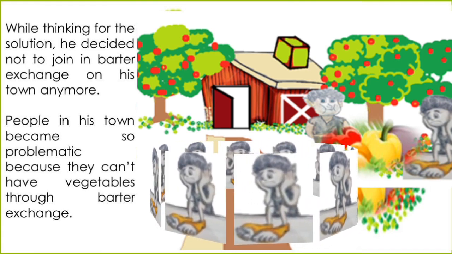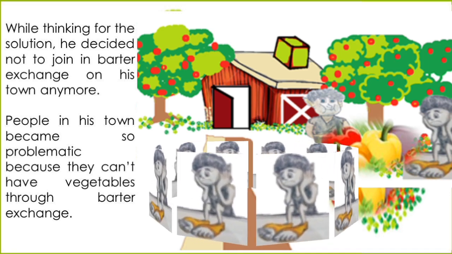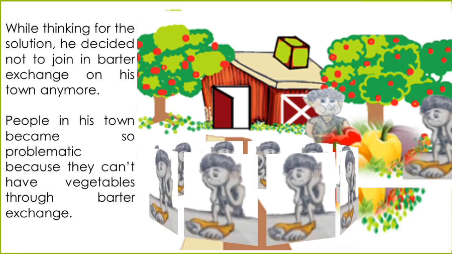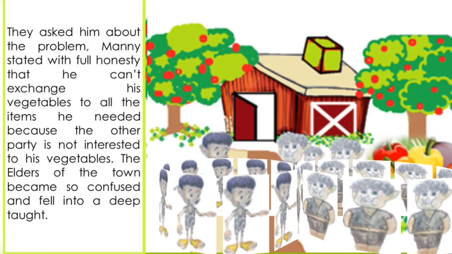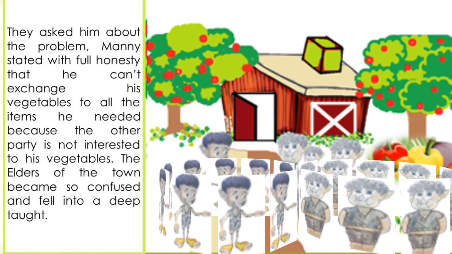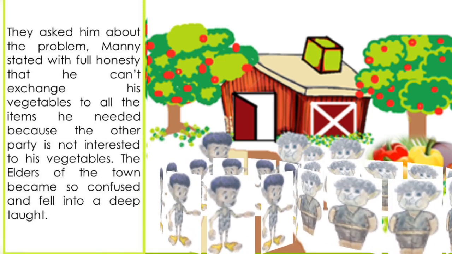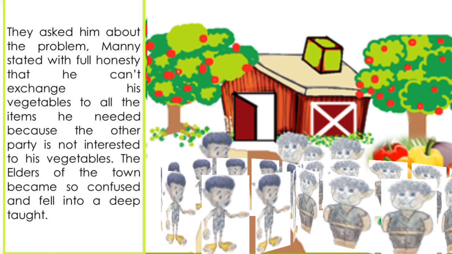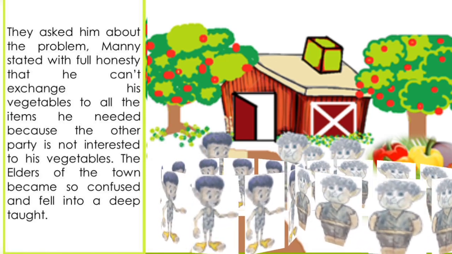People in the town became so problematic because they couldn't get vegetables through barter exchange. They asked him about the problem. Manny stated with full honesty that he could not exchange his vegetables for the items he needed because the other party is not interested in his vegetables.